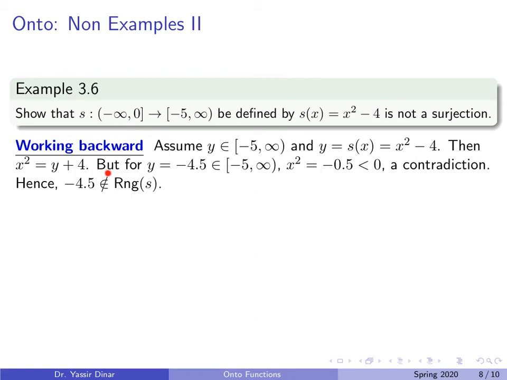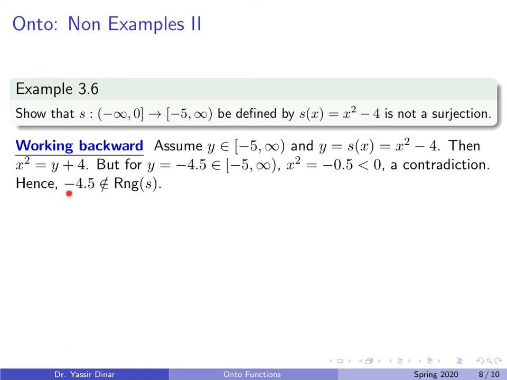That means this x sometimes cannot be in the domain. As an example, when y is equal to minus 4.5, minus 4.5 is in the codomain, but then x squared will be minus half, which is not possible for x in the domain of my function s. And this will give me a contradiction, which means that minus 4.5 is not in the range of my function.